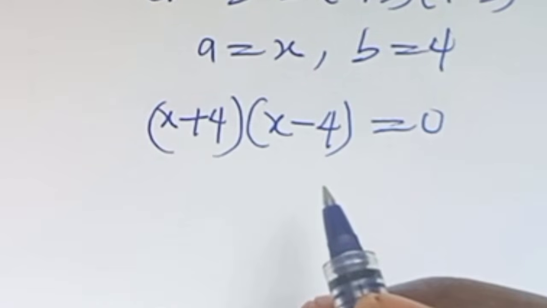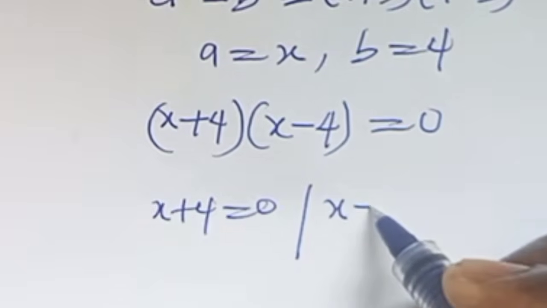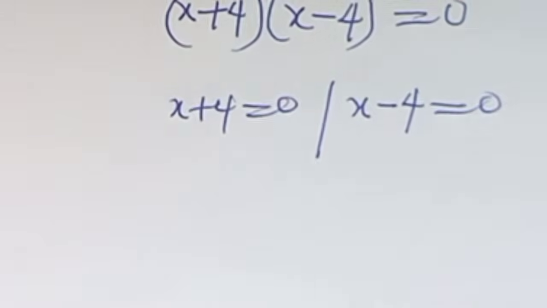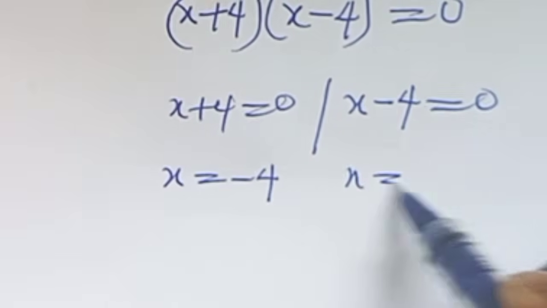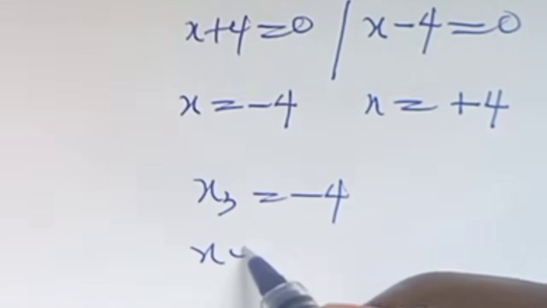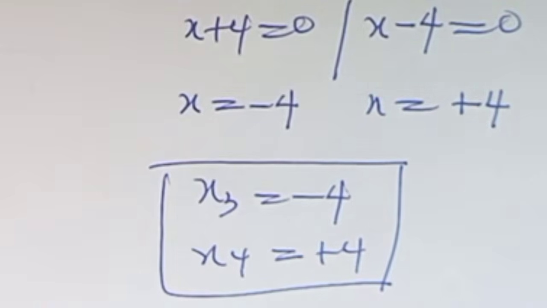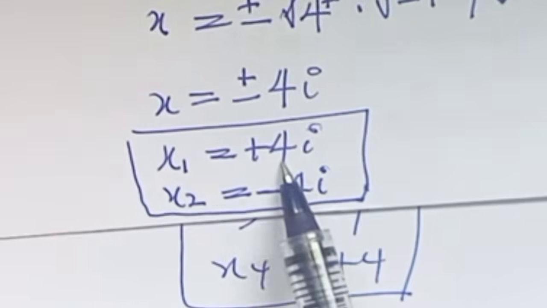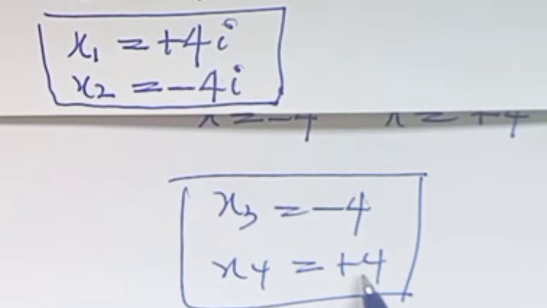And this ends up with two solutions where x plus 4 is equal to 0 or x minus 4 is equal to 0. So we have x equals minus 4 and here x equals plus 4. So that x3 is equal to minus 4 and x4 is equal to plus 4. So we have x1 equals plus 4i, x2 equals minus 4i, x3 equals minus 4, and x4 equals plus 4.